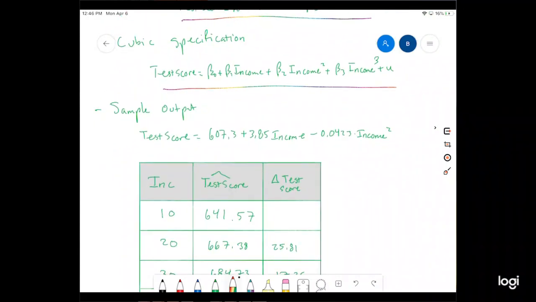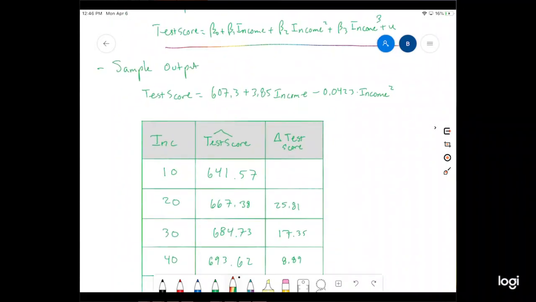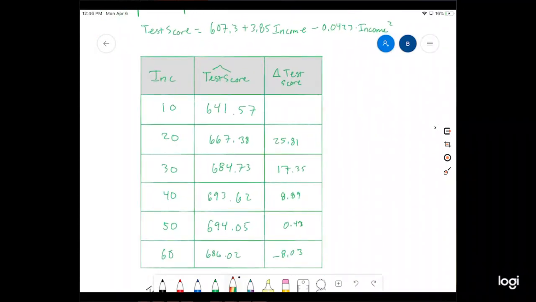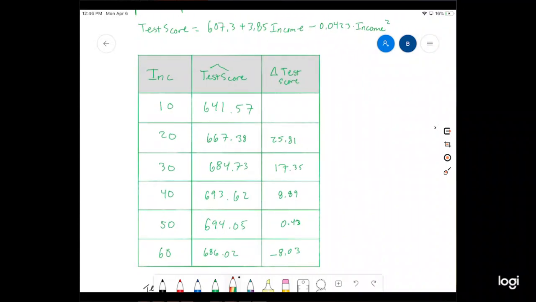We can use this to predict test scores. Here's a chart of predicted test scores at different levels of income. So this is going to help us understand why it's important to have the income squared in here.